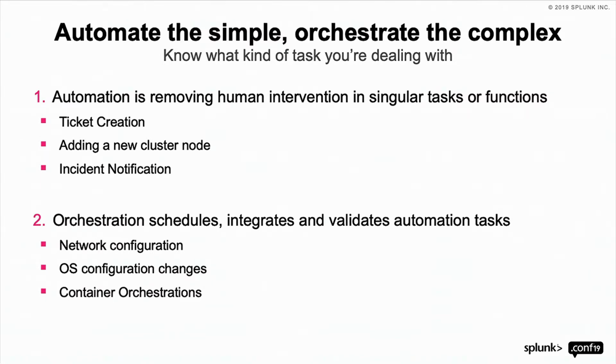It's generally a relatively simple process, so creating tickets, adding a new cluster node, incident identification, posting an outage. That's what automation is. What orchestration is, it's taking all of those disparate automation tasks and scheduling them in such a way that you have a full end-to-end process that is executing those automated actions, returning them, and then taking an additional action.